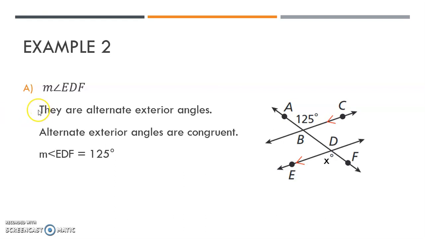Okay, so these two angles that are given are alternate exterior angles, and alternate exterior angles are congruent. So I know that x is equal to 125, so the measure of angle EDF is equal to 125 degrees. So let's take a look at part B of this. In part B, we have to make an equation.